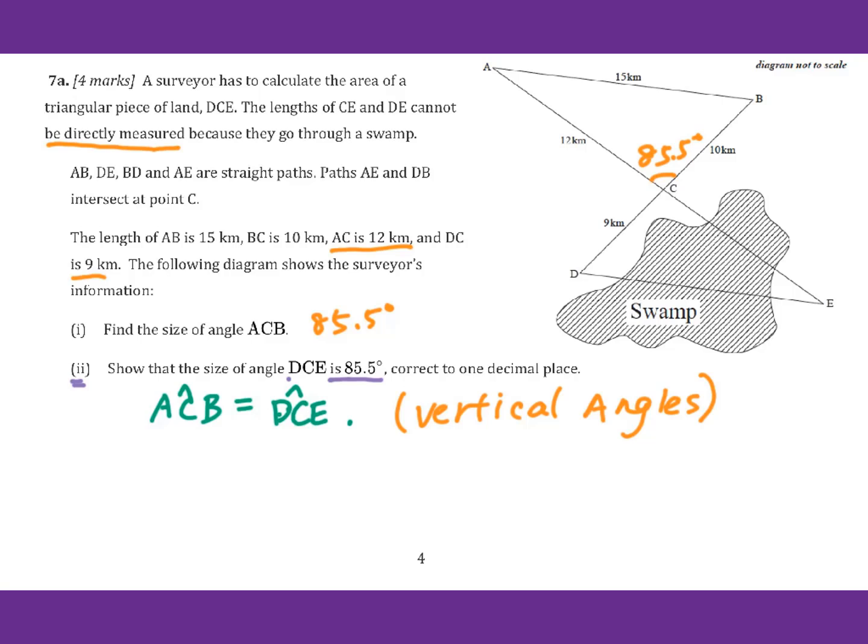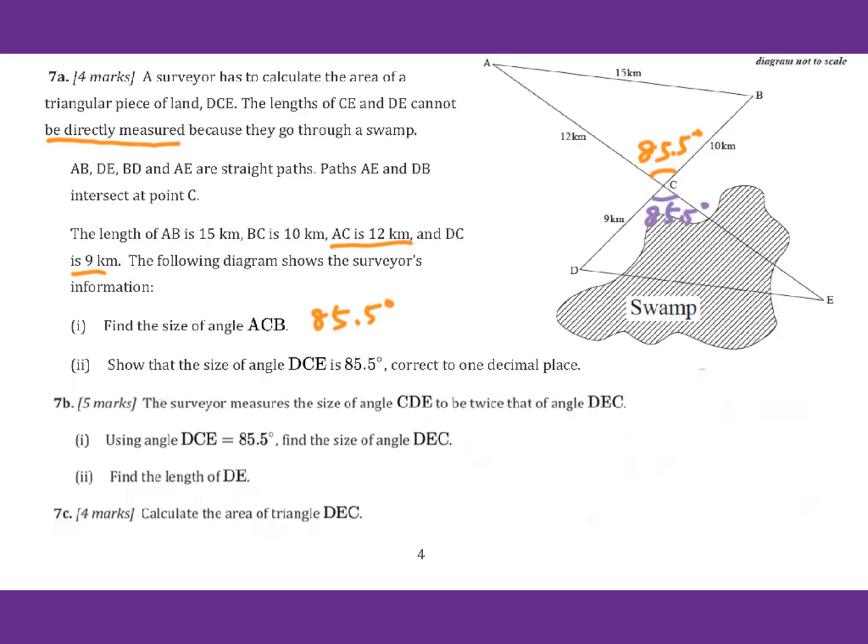Vertical angles are equal to each other. Therefore, we could say DCE equals ACB, which is 85.5 degrees. Now let's go to 7b.